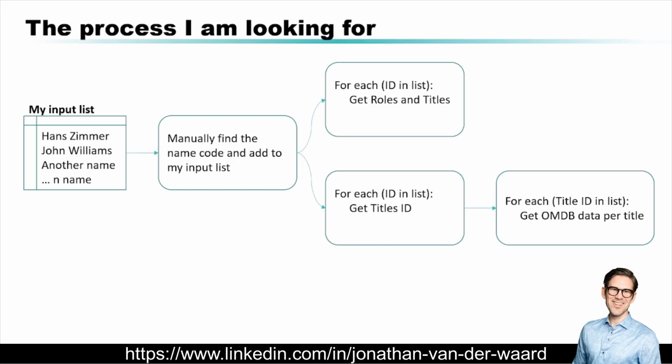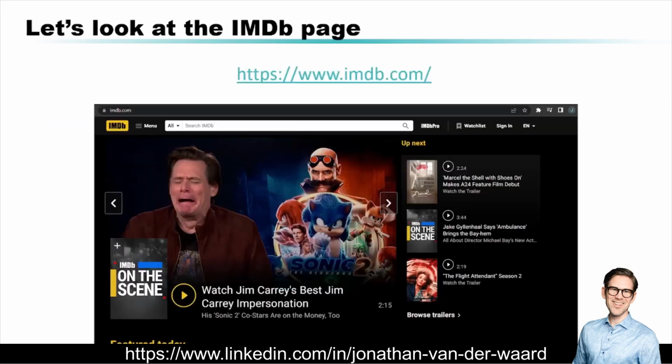Then for each of those individuals, get the roles and titles that they worked on, and then get the title IDs that they worked on as well. That will be a separate step, is what we will see. But as soon as we have the title ID, we can actually collect lots of information about that title. And we use the OMDB API data for this. All right, so why don't we go over to the imdb.com website and have a look.